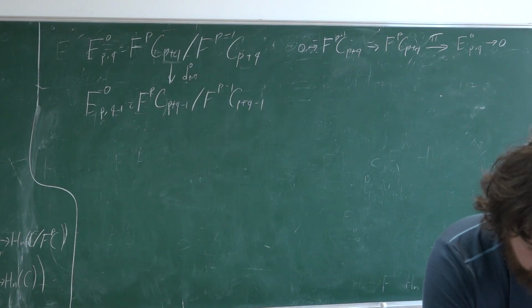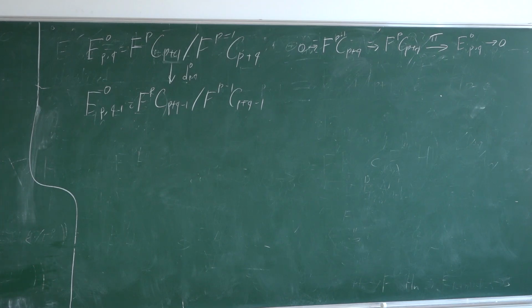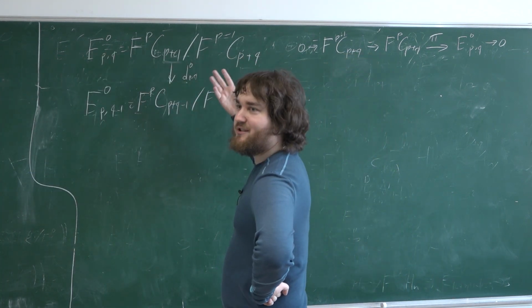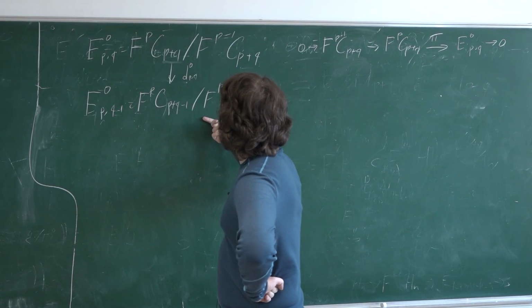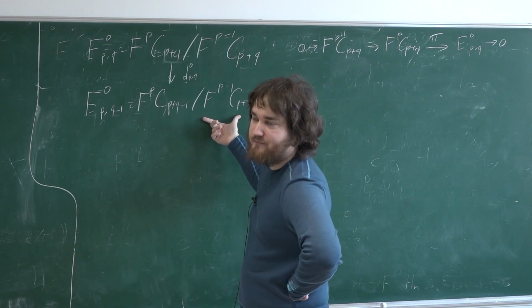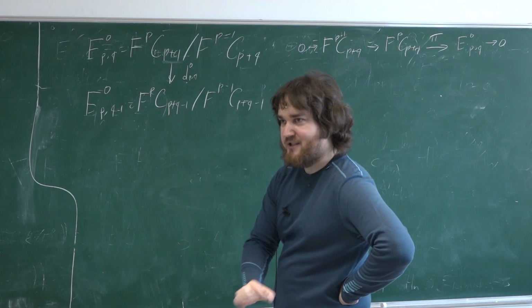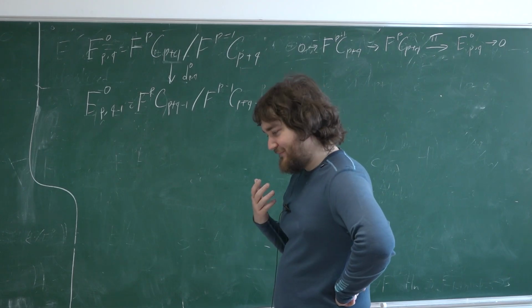Consider the following submodules. If we consider this quotient module, what is the kernel of this differential? It's such elements which go to the previous filtration. Our filtration is such that for very small filtration numbers, it's 0. We want to obtain cycles, the kernel which goes to 0 truly.